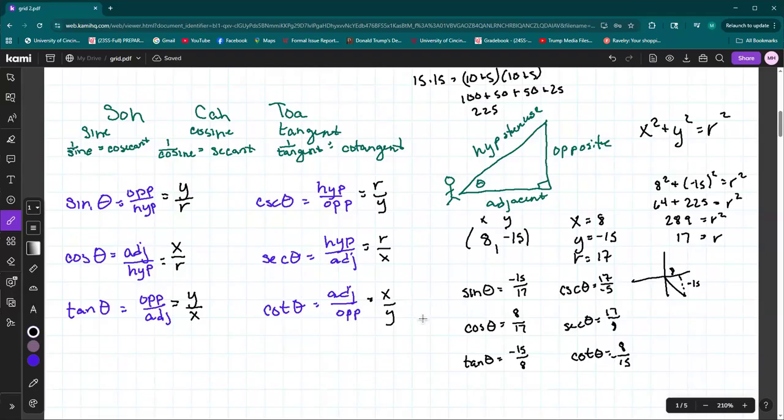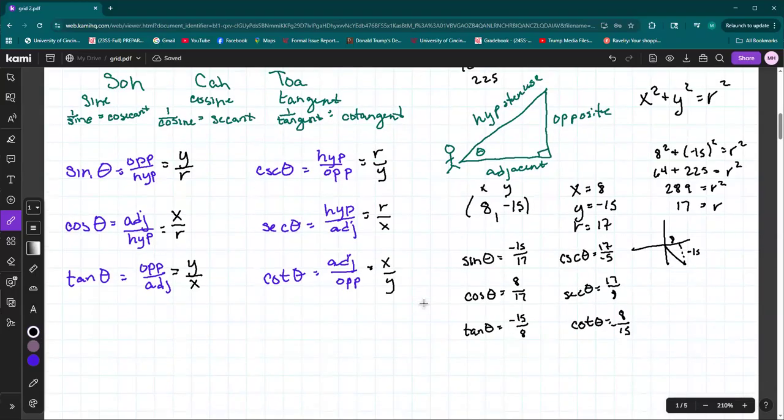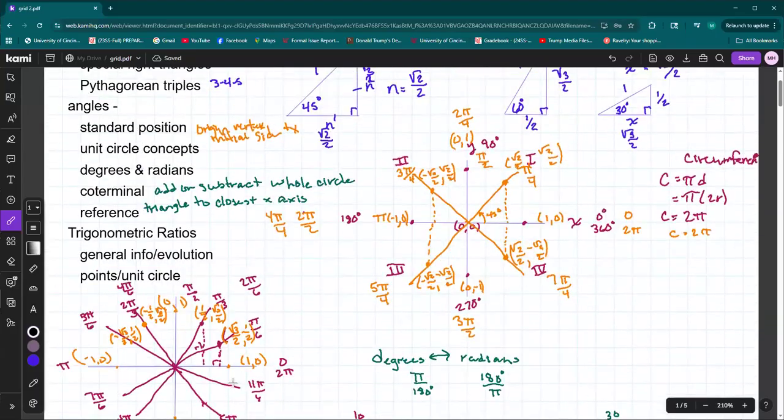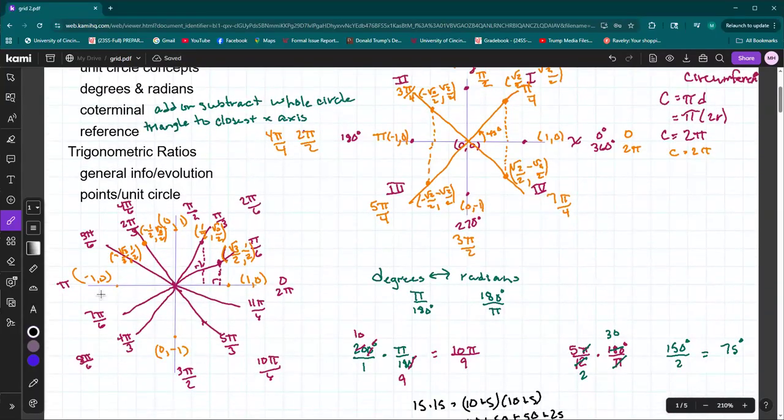Now, because of this, you can also figure out the opposites of it. We are going to be finding angles. Sometimes we're going to be figuring out what the angle is, and they should ideally be unit circle things because we're not going to be using calculators, which means our angles are going to be on these unit circles. So we can talk pi over 6s, pi over 3s, pi over 4s, and all of those things.